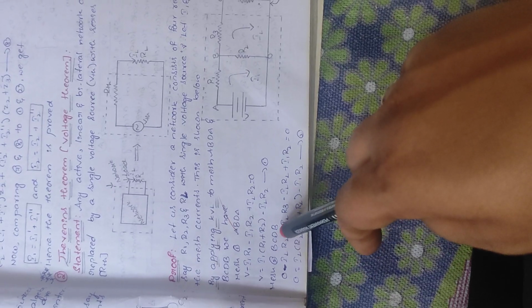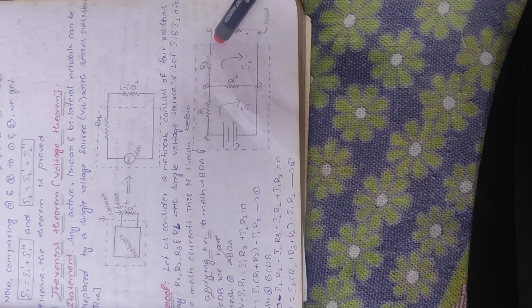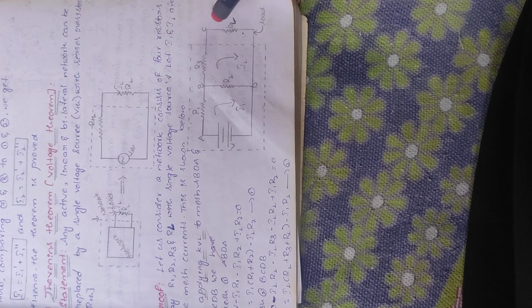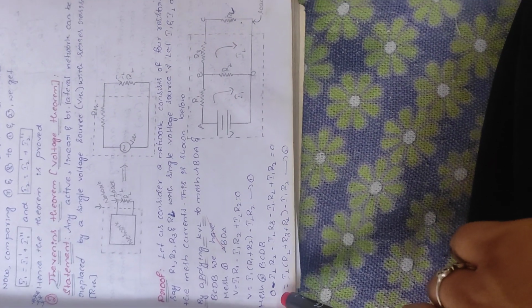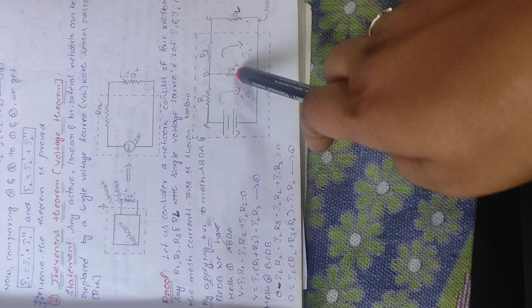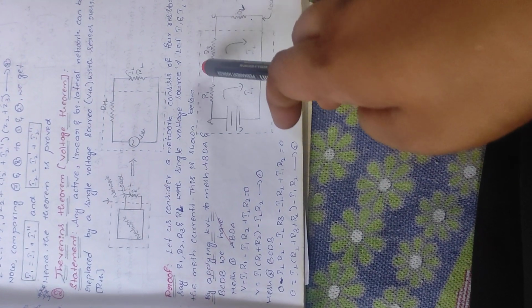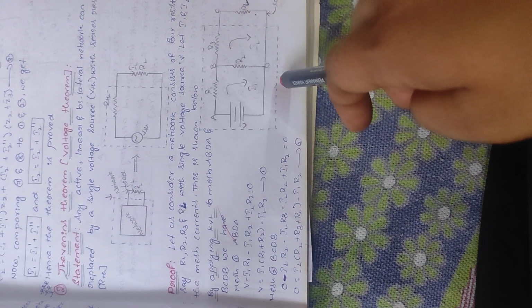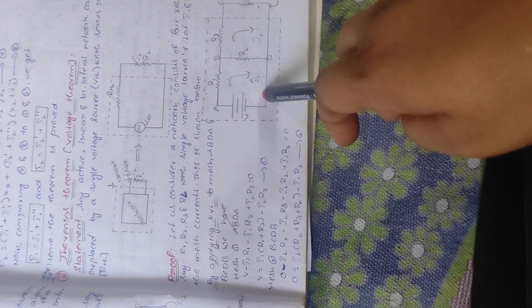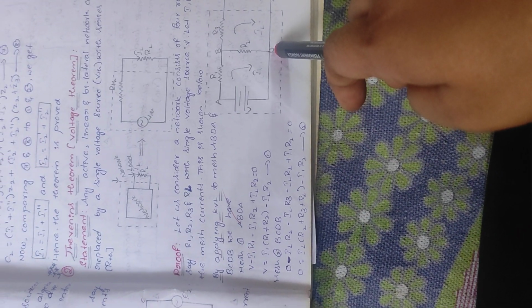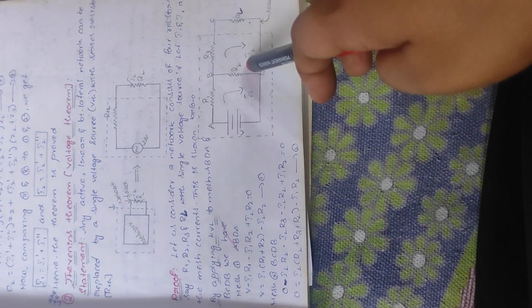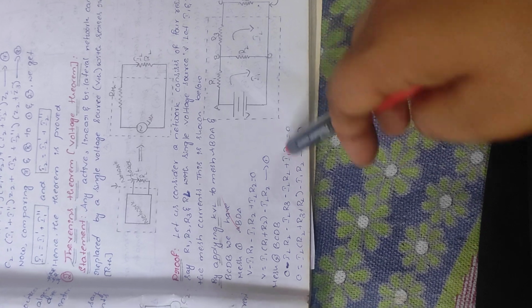Next, mesh 2, that is B, C, D, B. From this we have R2 resistance and R3 resistance and also the RL resistance, and R2 is related to I1 and IL. How can we write the equation? That is 0 minus IL RL minus IL R3 minus R2 into (IL minus I1) equals 0.